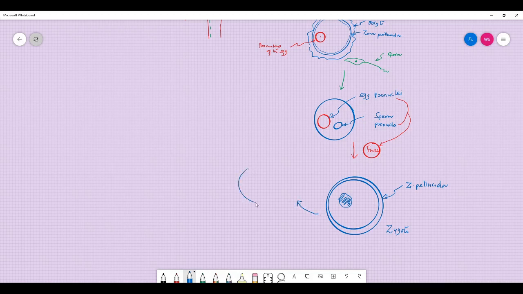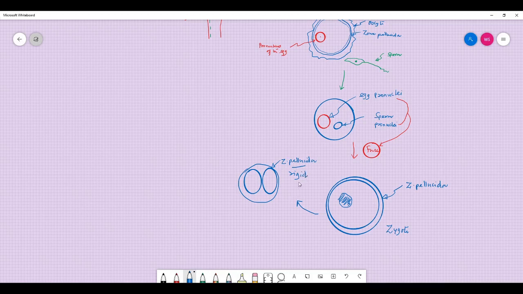Now, these cells will divide. This whole single cell divides into two cells. At this point in time, the zona pellucida is a bit rigid.